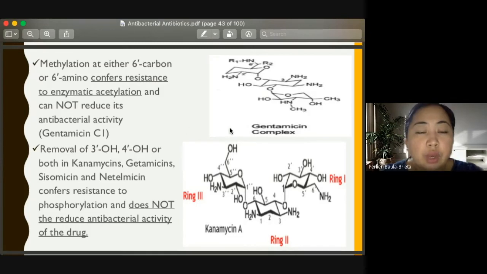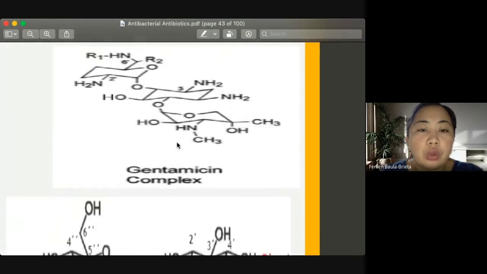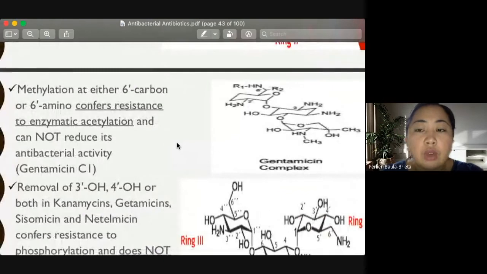So where is our methyl right now? This one here. Methylation at the 6 carbon. This is the 6 carbon, and then this is 6 amino. So what happened here is methylation or adding of methyl group in our ring 1. Okay? Adding of methyl group in a ring 1 allows resistance to enzymatic acetylation.